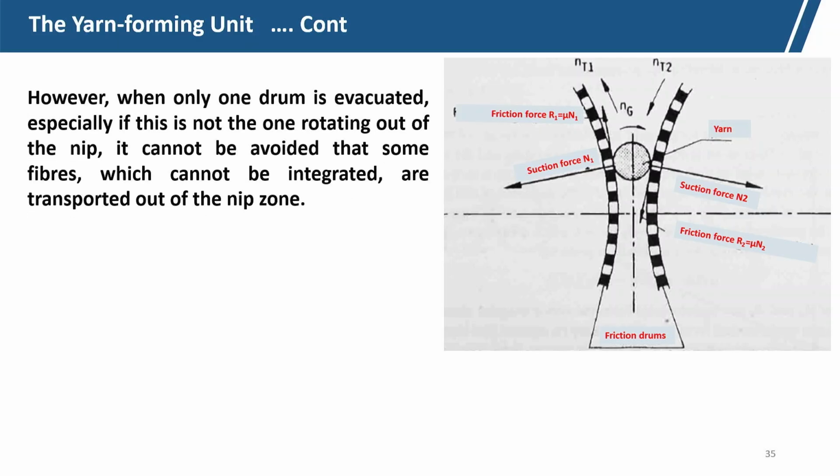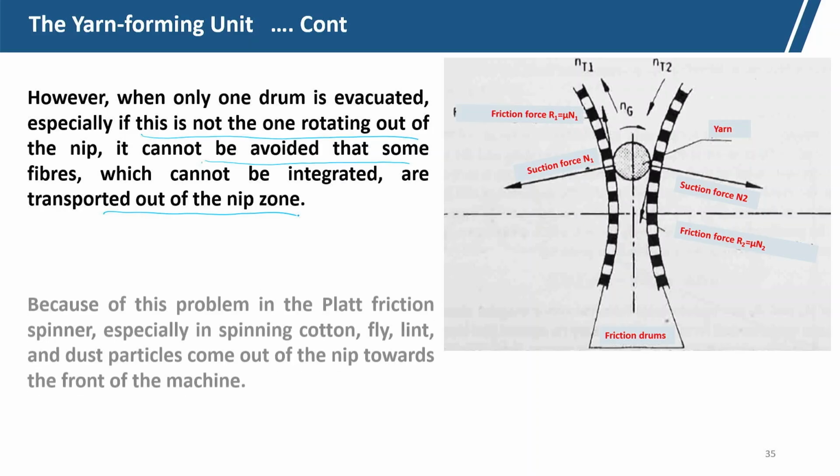However, when one drum is evacuated, especially if it is not the one rotating out of the nip, it cannot be avoided that some of the fibers which cannot be integrated are transported out of the nip zone, so that they may go as fly.